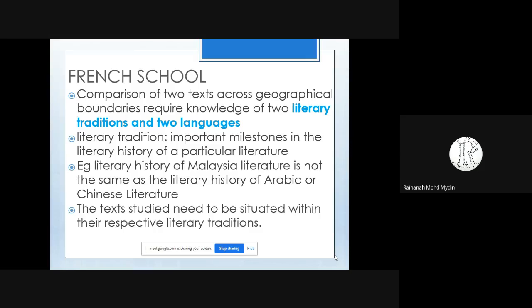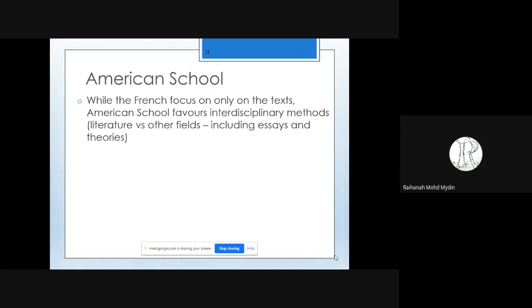So the French school demands that greater commitment to the text as well as the literary tradition and language of that text. That's the key focus of the French school. While the French school focuses on the text, the American school favors an interdisciplinary approach, not just the text, but also including essays and theories.